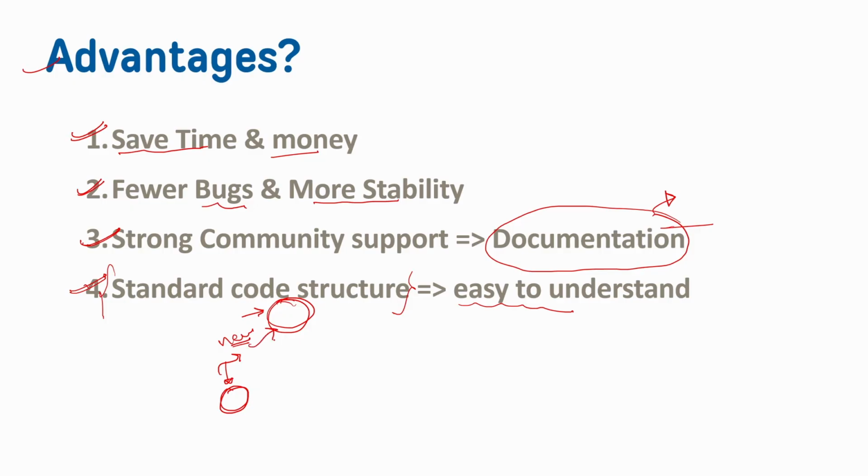He or she can easily understand the code structure of this company's code base, since the framework has a standard code structure. So these are some advantages of using a framework. First, it saves time and money. Second, fewer bugs and more stability. Third, strong community support, and fourth, standard code structure.